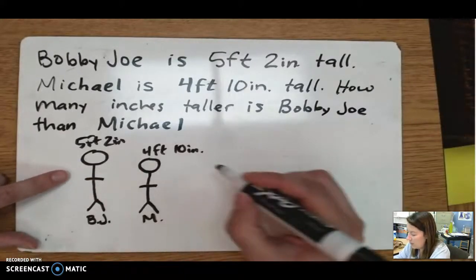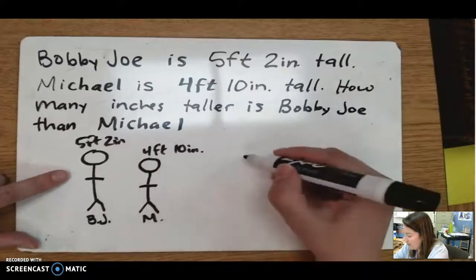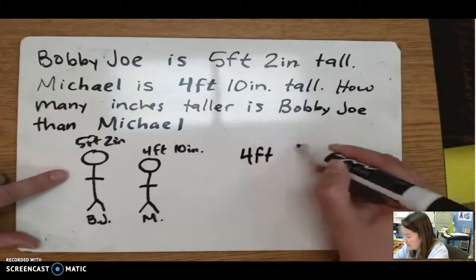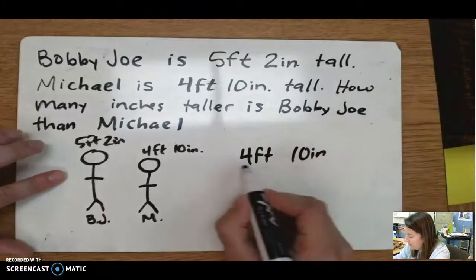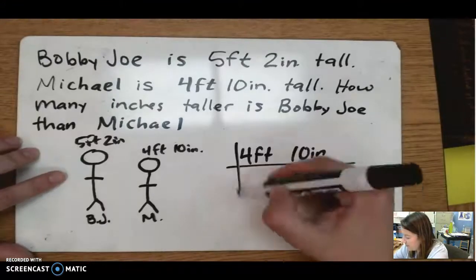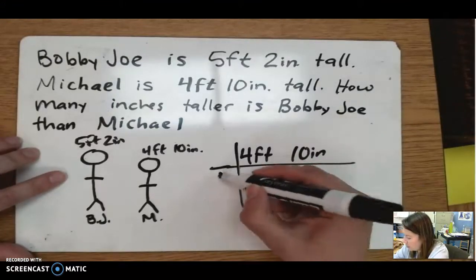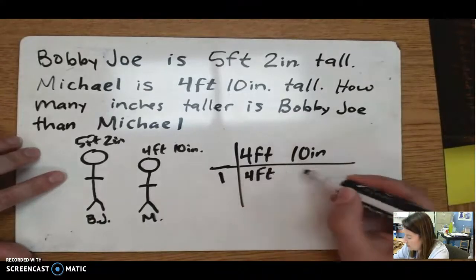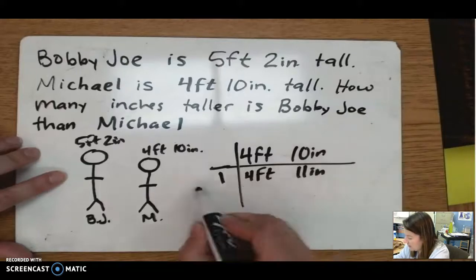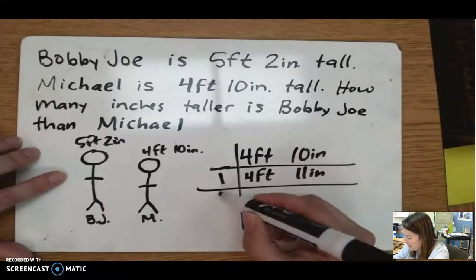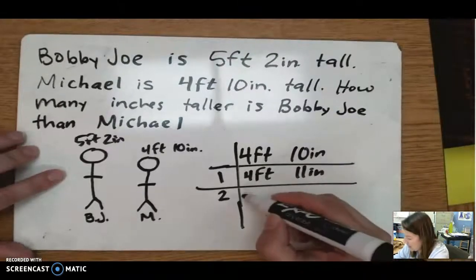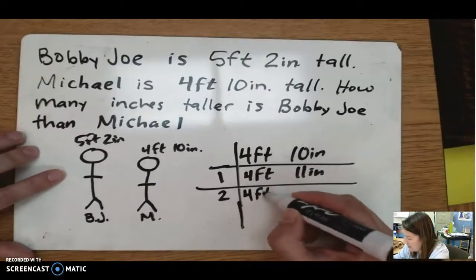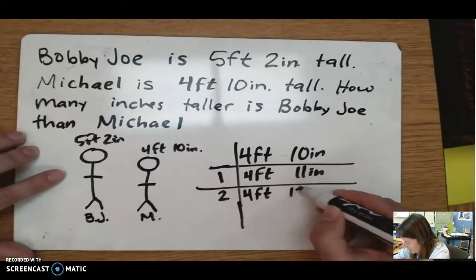Okay, so Michael is 4 feet 10 inches tall, right? If I add 1 more inch, he would be 4 feet 11 inches tall, right? If I add another inch, he would be 4 feet 12 inches tall.